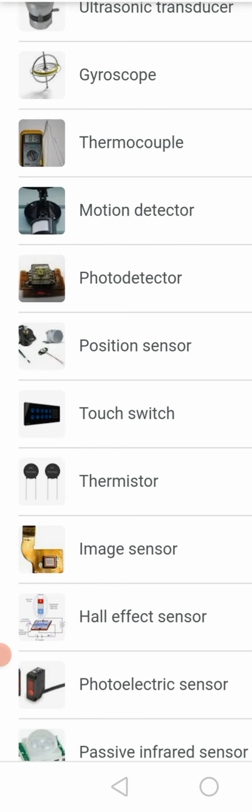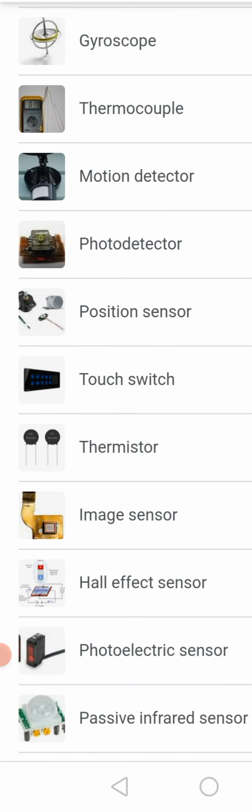Then you have the infrared sensor, passive or active. It is used to detect an object or the position of an object by sending and receiving an infrared signal in an environment. So that's how these sensors all work together.